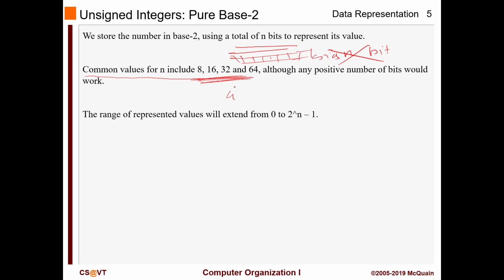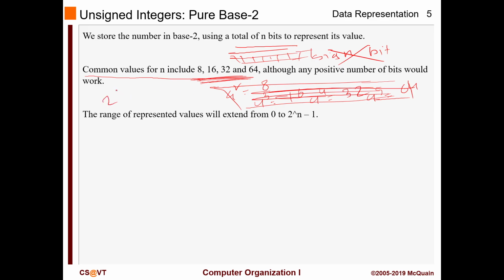That's basically a power of 4. So 4 to the power... is it? I think so. That's 8. 4 to the power 3 is 16. 4 to the power 4 is 32. I can be wrong about that. Yeah, I'm definitely wrong about that. So yeah, they are usually powers of 2, which is in this case 3, and so on.